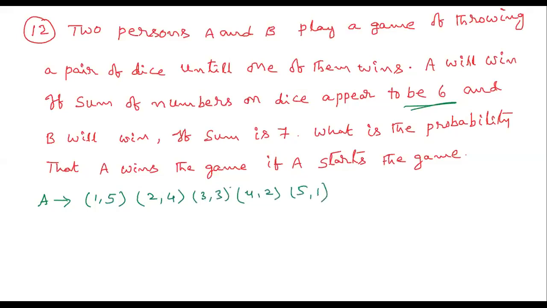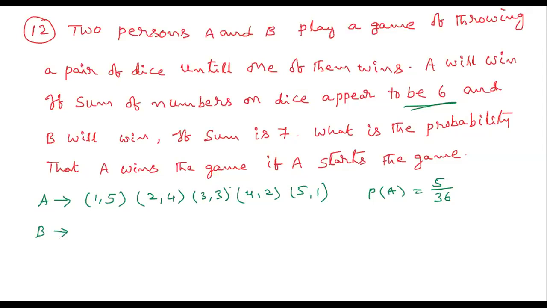How many possible here? The probability of A is total 5 possible, 5 by 36.